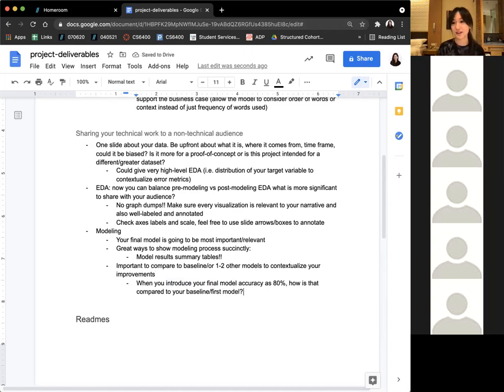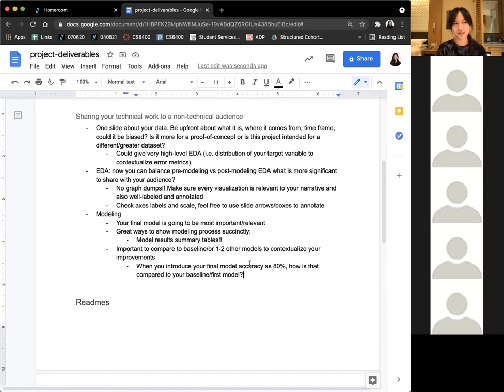That will show that, all right, you tuned all these hyperparameters. How much did that tuning really help? Or maybe you started with the scikit-learn dummy classifier. That again shows that this model obviously does so much better. And I think it's important to talk about the improvement in your model.